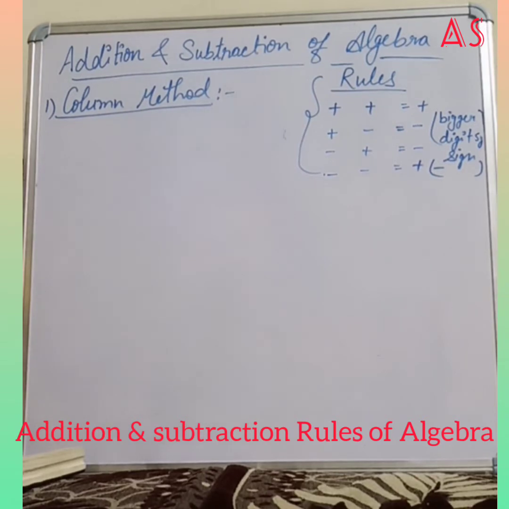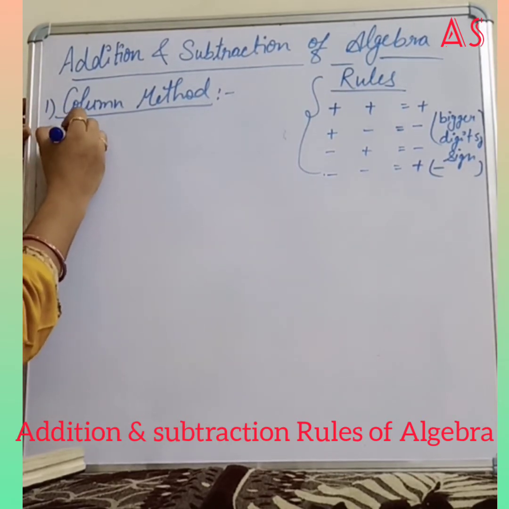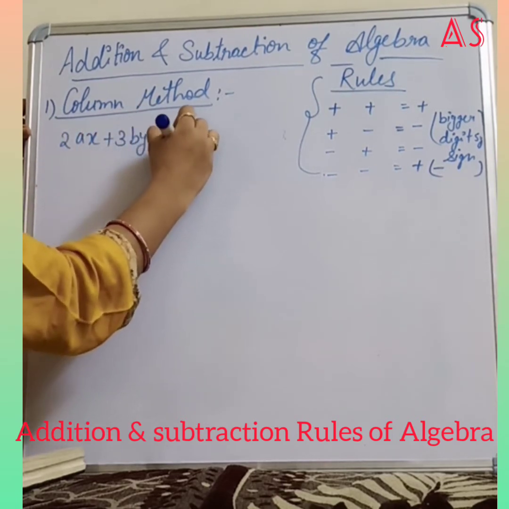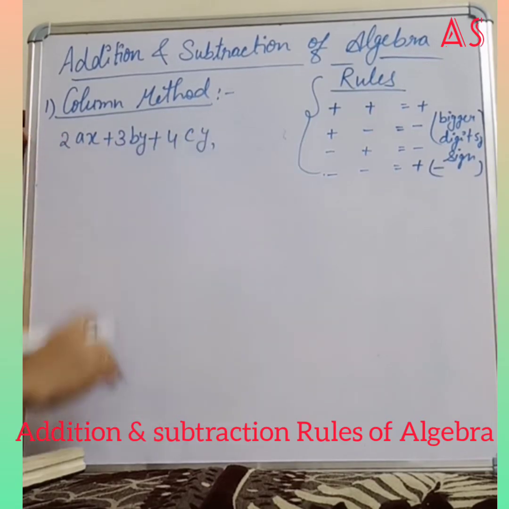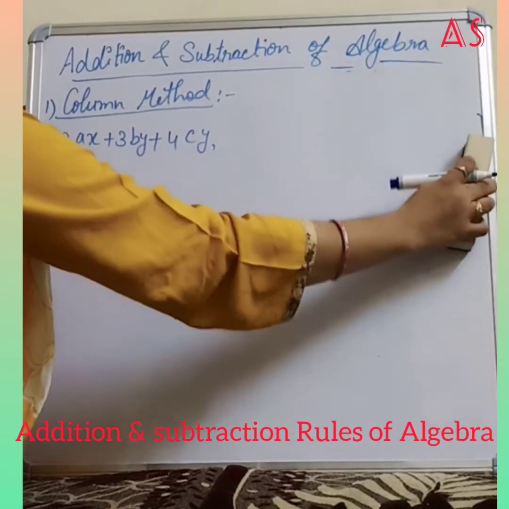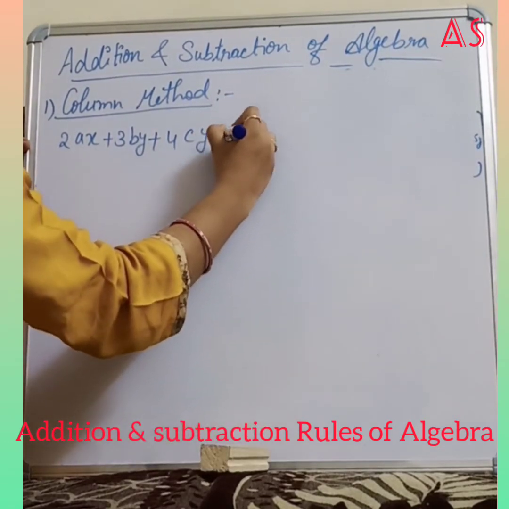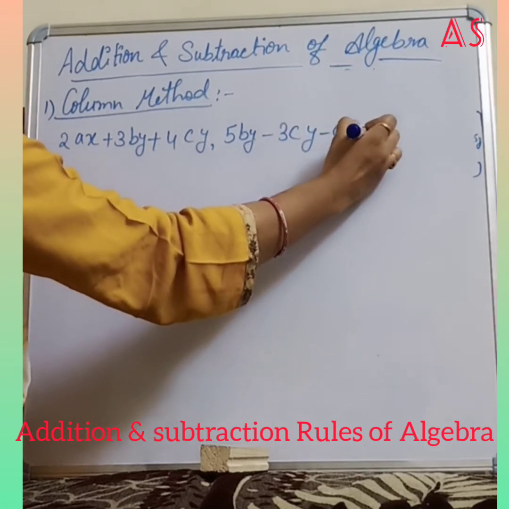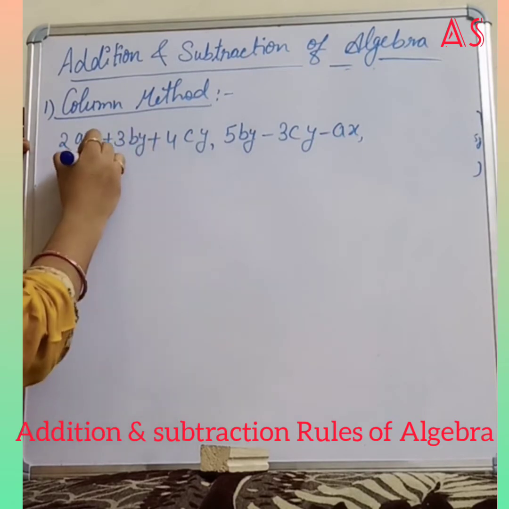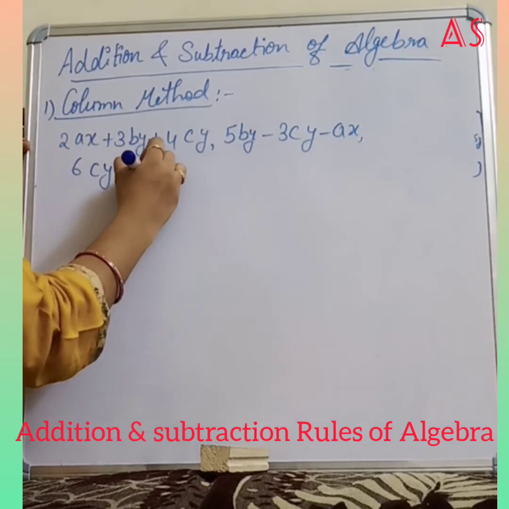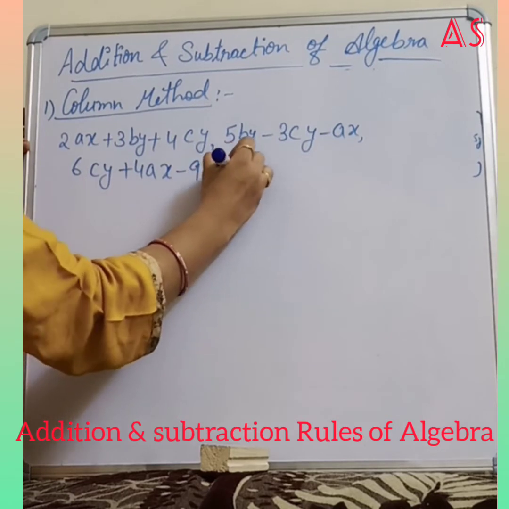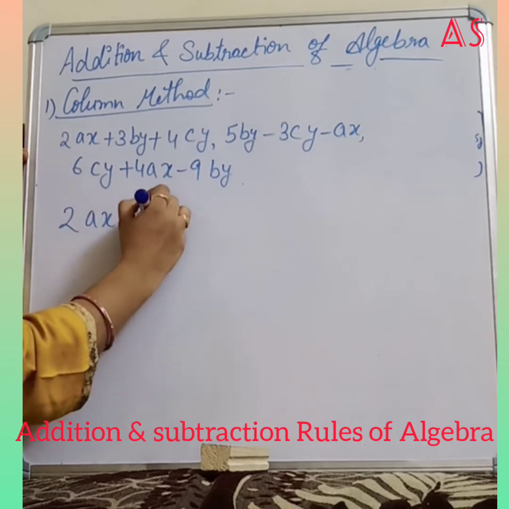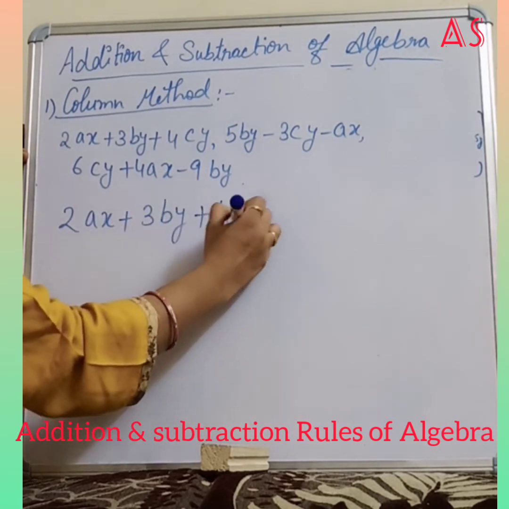Suppose your question is 2ax plus 3by plus 4cy, 5by minus 3cy minus ax, and 6cy plus 4ax minus 9by. I am adding these rules, already you know. Okay, 3 parts. So the first part you will write as it is: 2ax plus 3by plus 4cy.